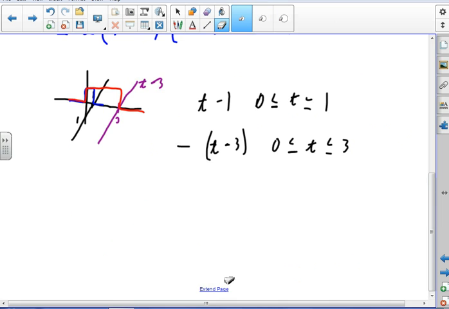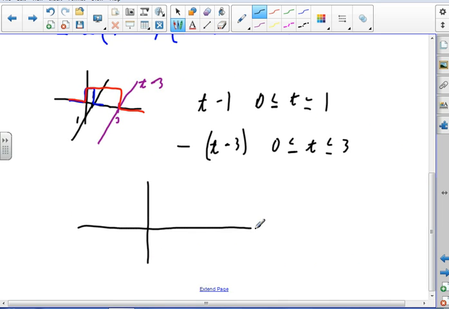So what does that look like as a graph? There's my graph. The first guy is going to come that way, come here, and go to there. The other guy, I come down here to minus 3, and I come up like that to there.